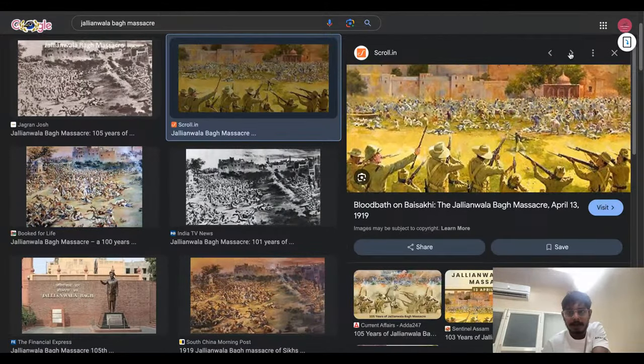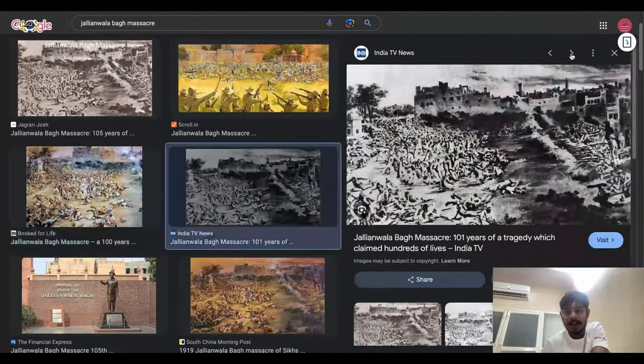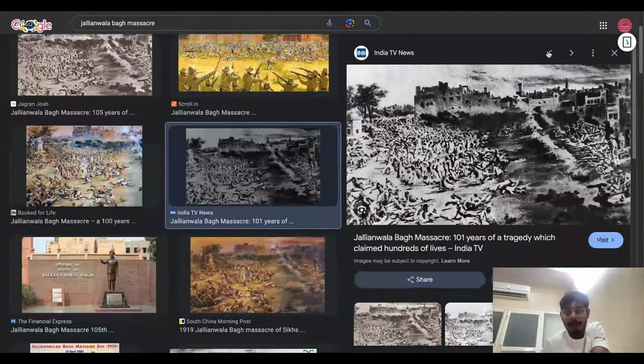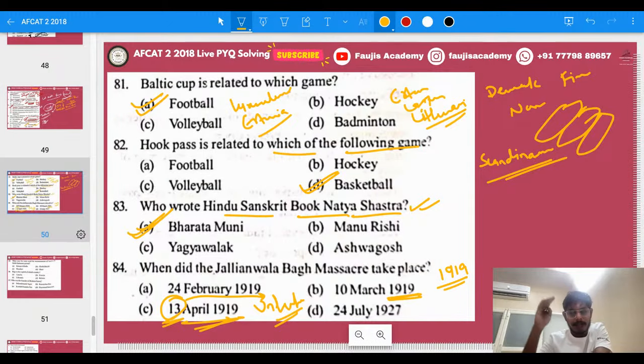People still say there are so many spots of gunfire as well. So General O'Dwyer was the person who ordered that.